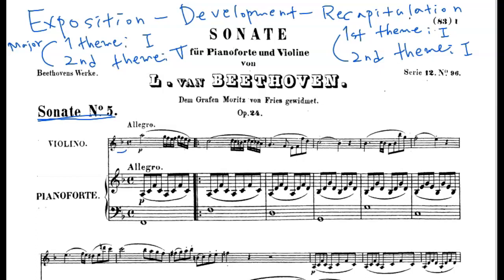If you look at the key signature here, this is violin part and piano part. You have 1 flat in the key signature. That means it has to be B flat, and if you have only 1 flat, B flat, then the key of this piece is going to be either F major or D minor. How do you determine if it's F major or D minor? If you look at the piano part, the first measure, this is obvious.